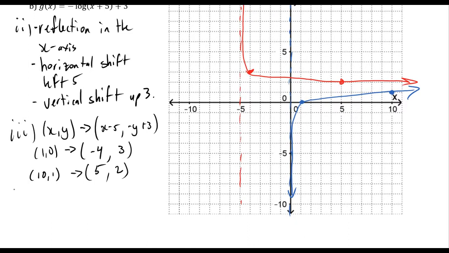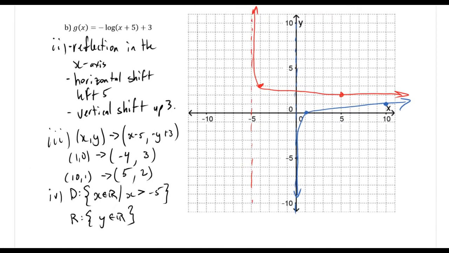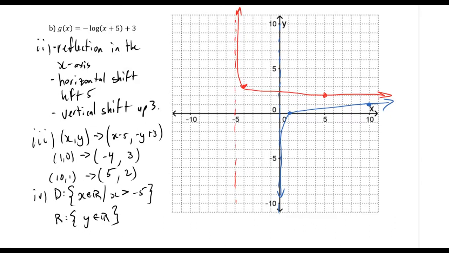We'll just talk about this quickly again before we go. x is an element of the real numbers such that x will be greater than -5. And range, y is an element of the real numbers. Okay, so there we go. Something that's interesting, and again will be useful later on as you're graphing. What is the purpose of graphing?